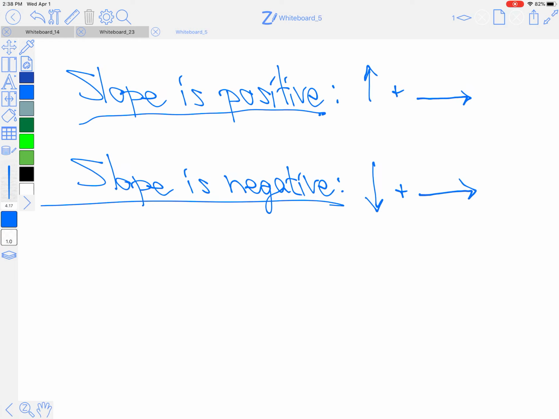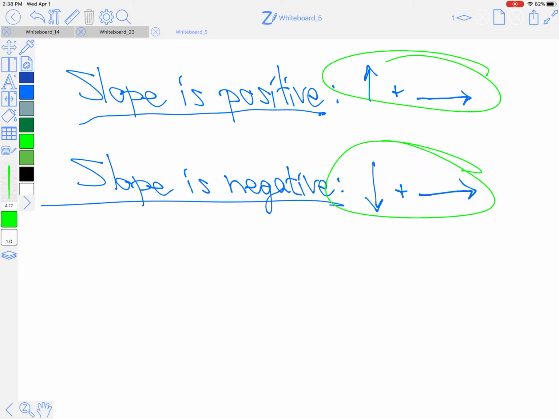But down and left actually gets you back to a positive slope, because down is negative and left is negative. So that's like negative over negative makes positive. Okay, so make sure you remember when it says a positive slope, it means I'm counting up and right. When it's a negative slope, I count down and right.